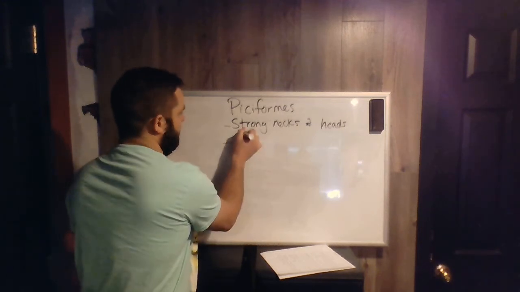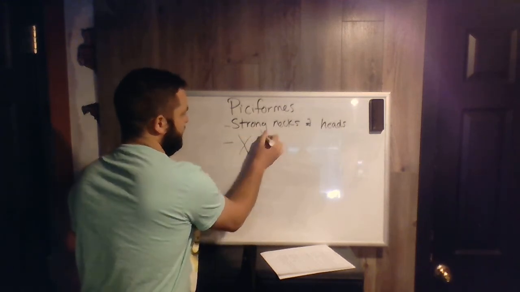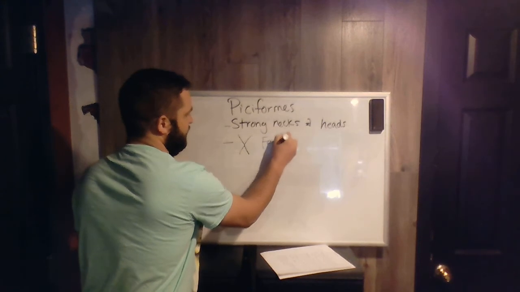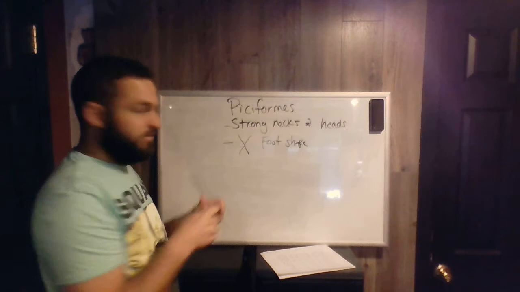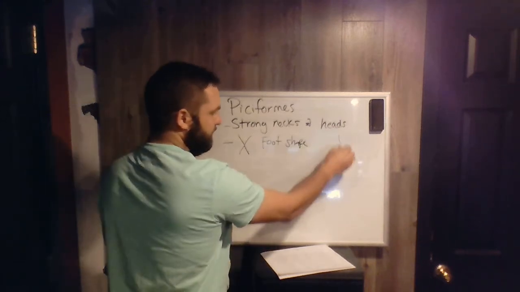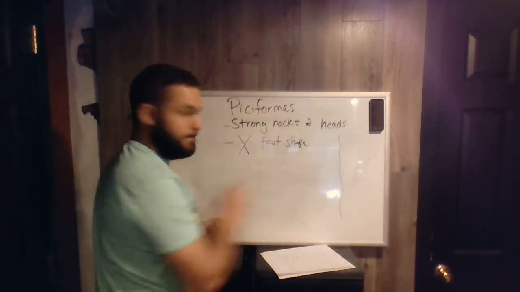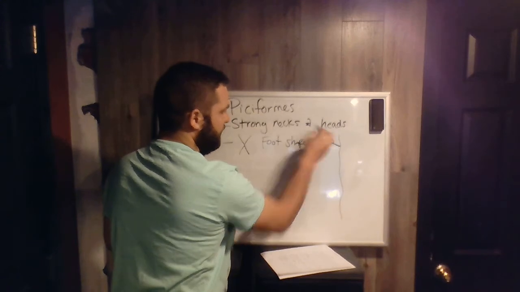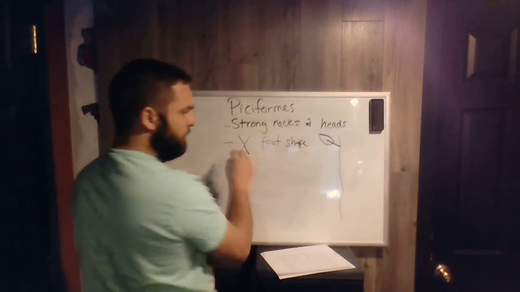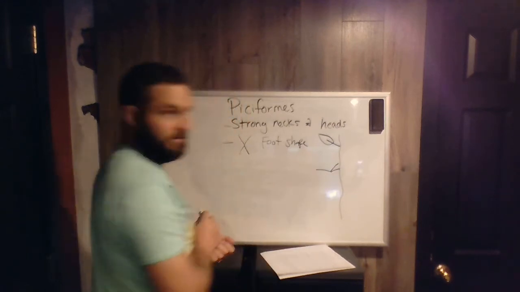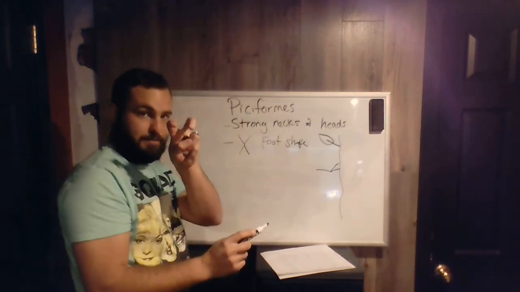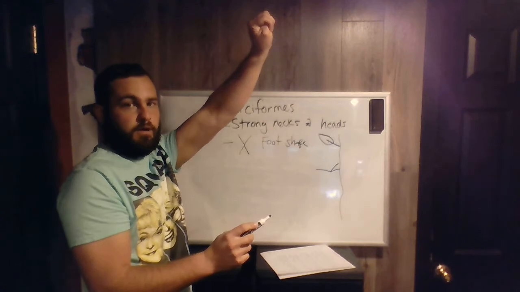Another cool characteristic is their foot shape, so I'm going to put over here their foot shape, is like an X. And the reason why they're shaped like this is because if this was a tree trunk, okay, a little branch with a leaf coming off here, so we know it's a tree. If they were to perch over here, and this is their leg, their front 2 toes go out like this to kind of grab on, like you're holding onto a monkey bar or something.